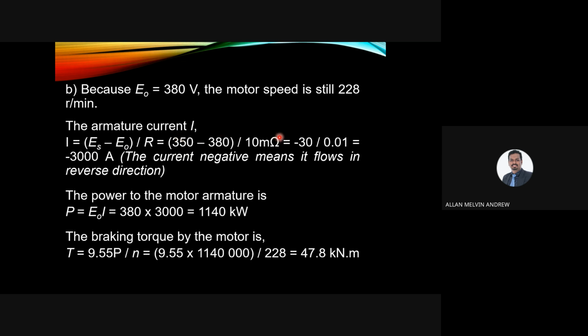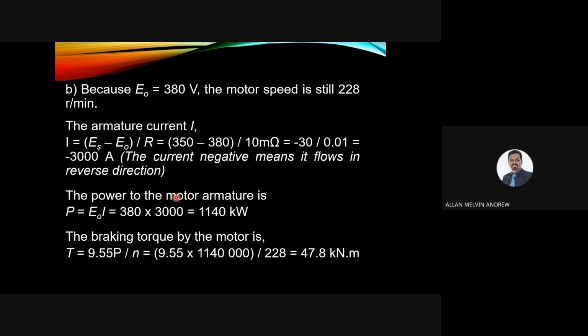So we get a negative 3000 ampere. Negative means the current is flowing in the reverse direction. So it's not carrying any significance other than the reversal direction control. So when we want to use it in a calculation, we don't need to put negative.